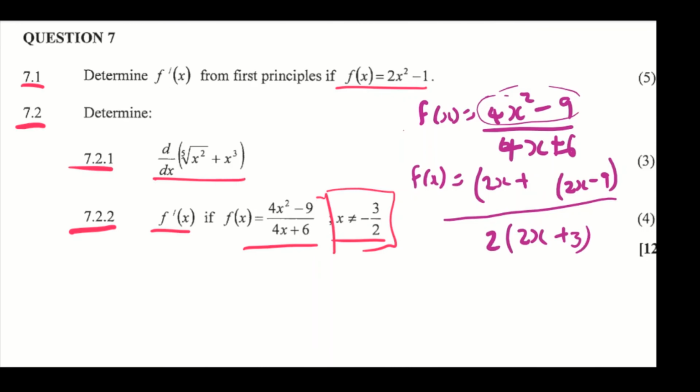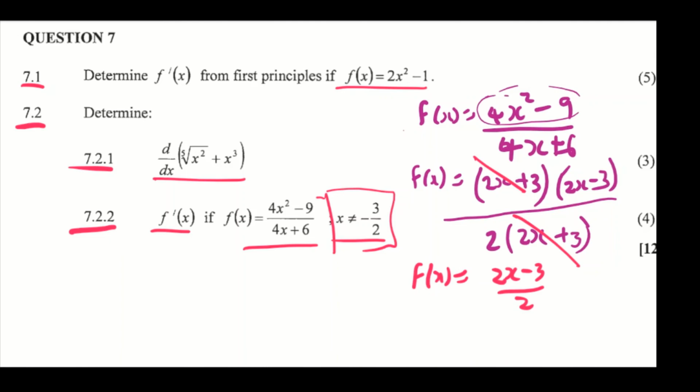I indicated 9 when I'm supposed to write 3 because of the difference of two squares. So it's supposed to be 3 and 3 there, right? And yeah, thank you. So what's going to happen is this will divide out with this, and f of x will be 2x minus 3 over 2.